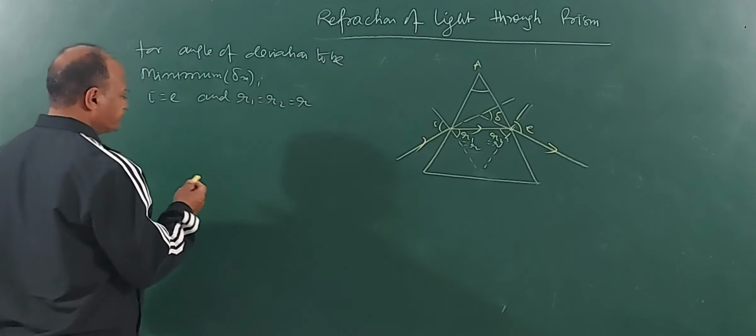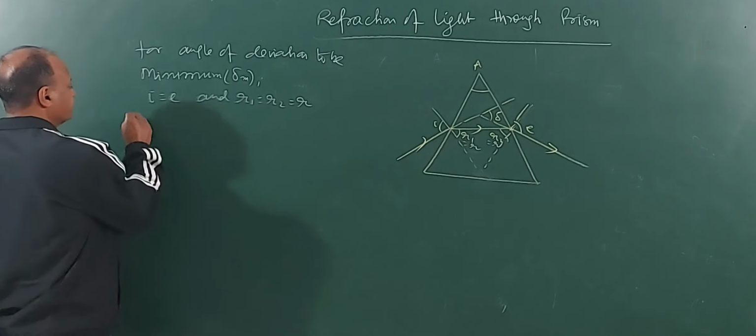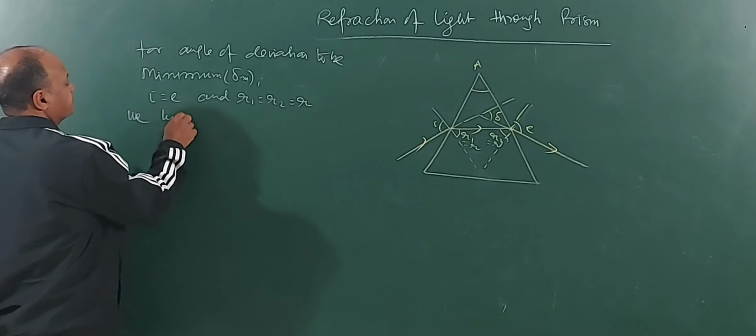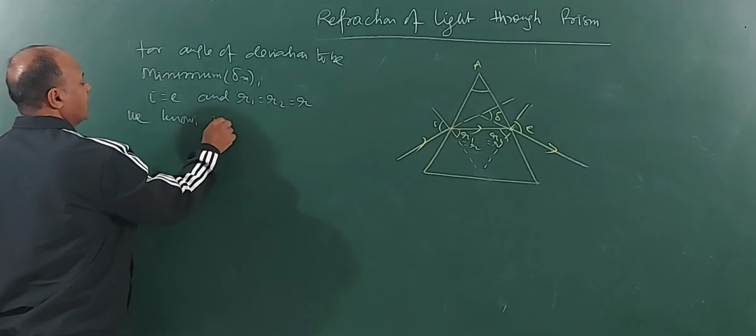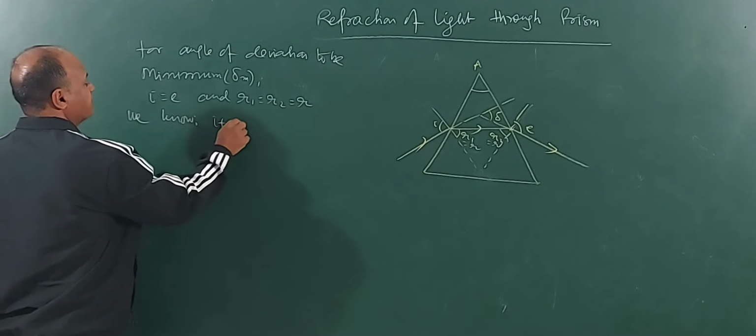Now children, we know I plus E is equal to A plus delta. But when delta is equal to delta m, then I is equal to E and R1 equals R2 equals R. Now we get two relations.